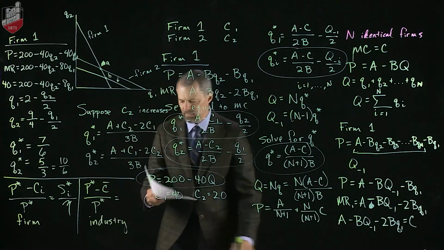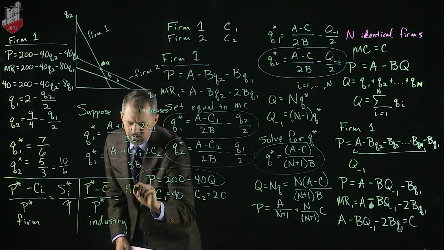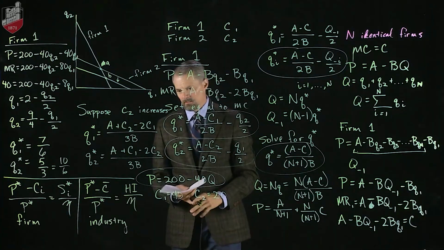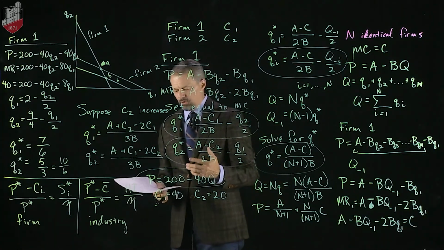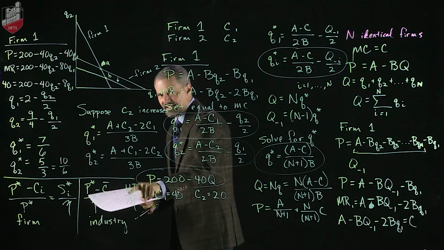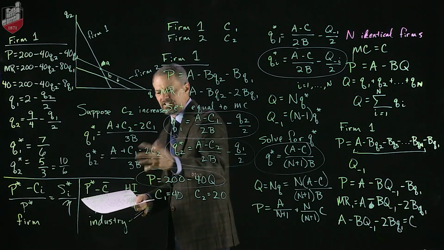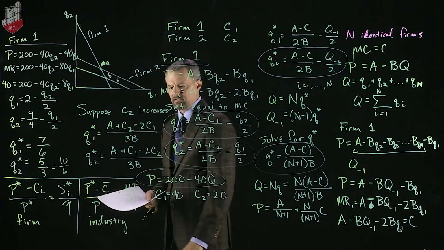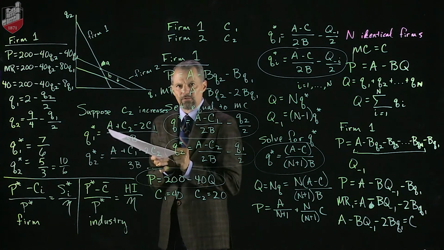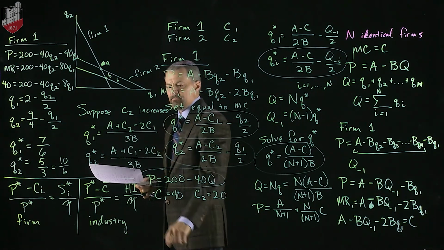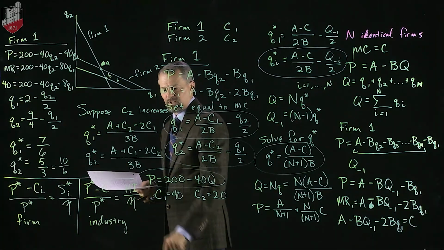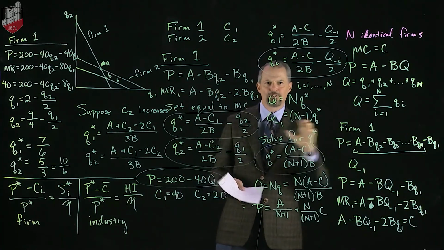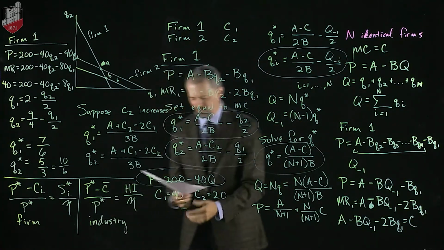And that ends up being equal to the Herfindahl-Hirschman index divided by the elasticity of demand. This is also intuitive because what it says is that as industry concentration increases, the markup in the industry is bigger, which makes sense. Industry concentration means fewer firms have more market power. And we get the same relationship to elasticity. The more elastic demand is, the more willing consumers are to move away from this good, the less the markup is going to be.